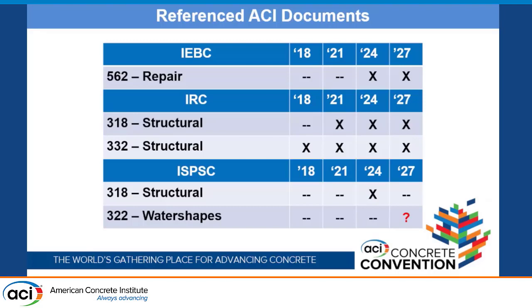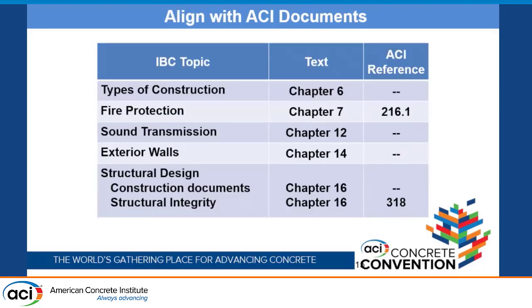And another state right next door could be using a 21 code referencing ACI 318-19. So every state is completely different. So everything's broken out into topics and subject matter.